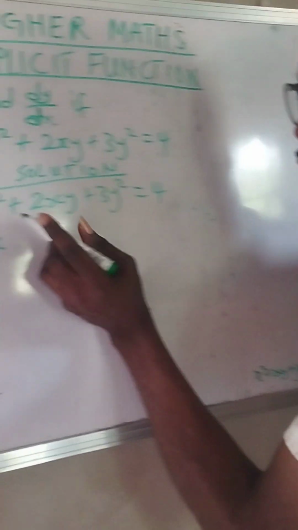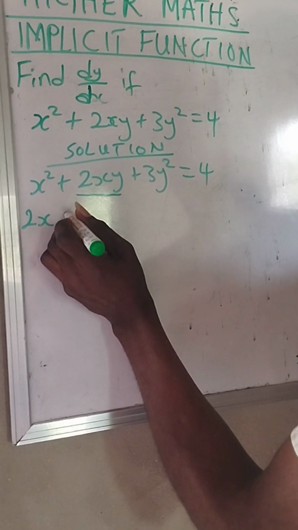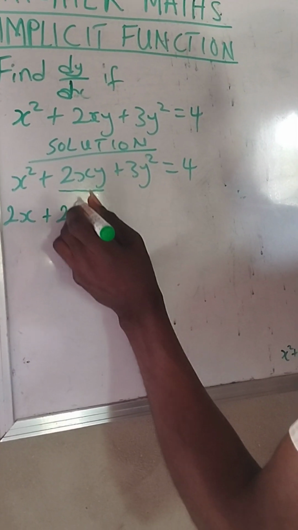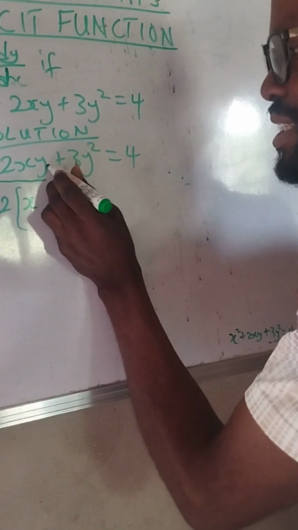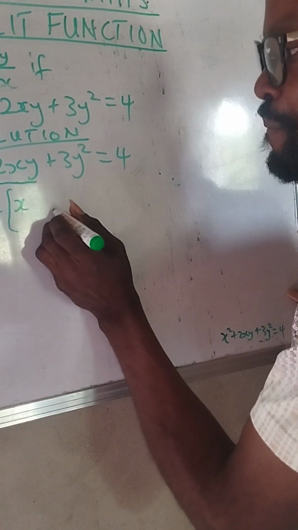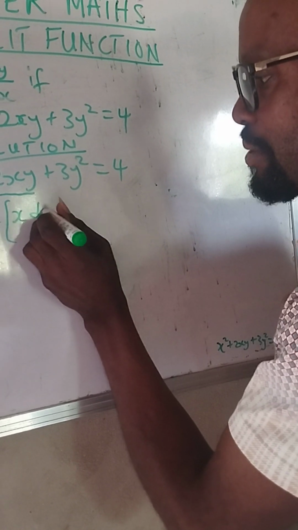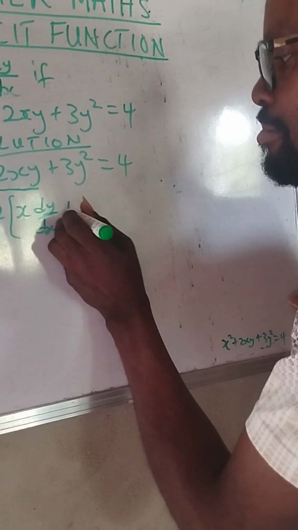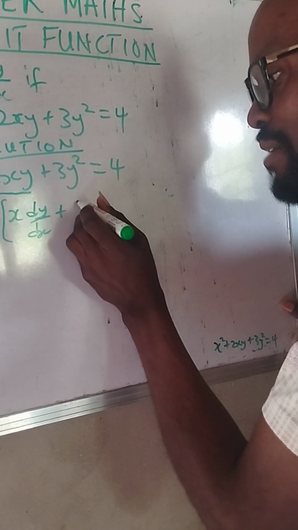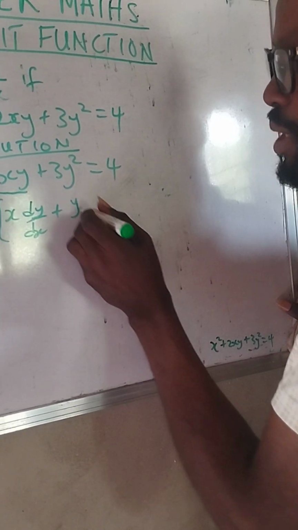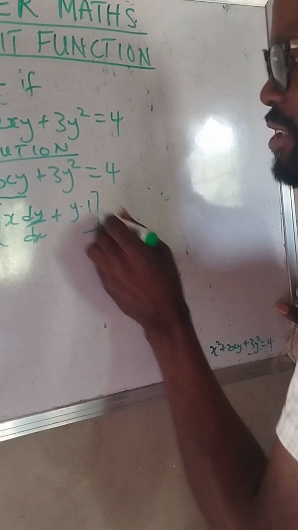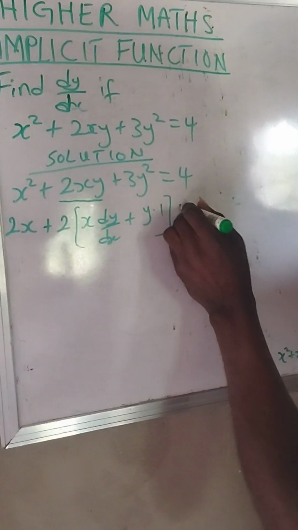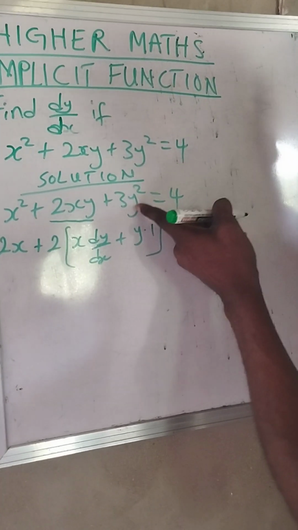So we are going to apply the product rule here. So plus, bring out the constant 2, open bracket, put down the first one, differentiate the second one. If you differentiate y, you have dy over dx, plus bring down the second one, differentiate the first one. If you differentiate x, you have 1. This is the product rule.